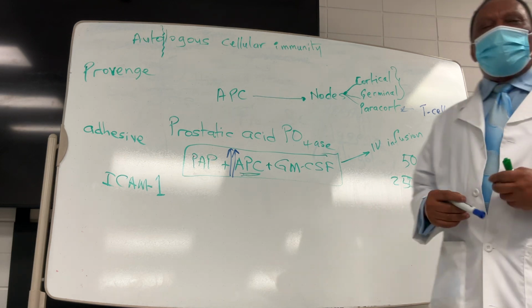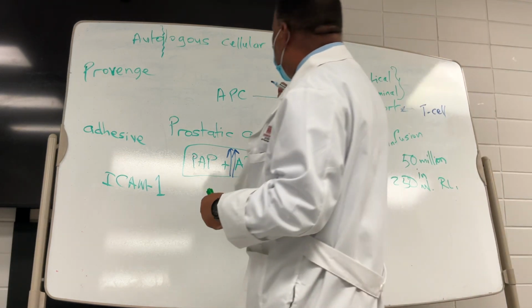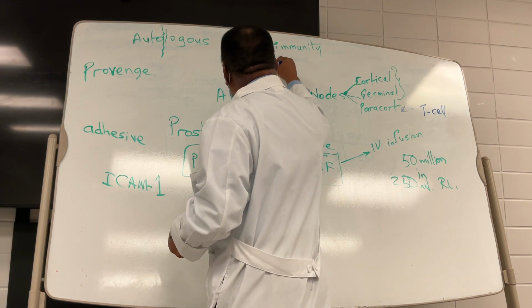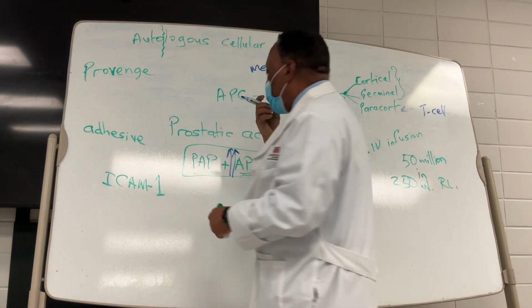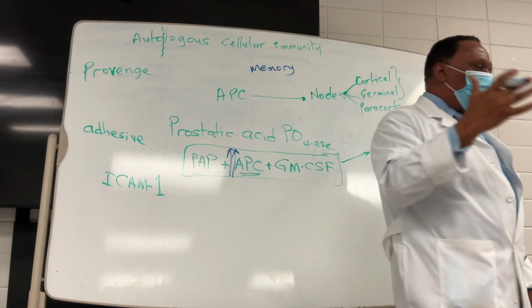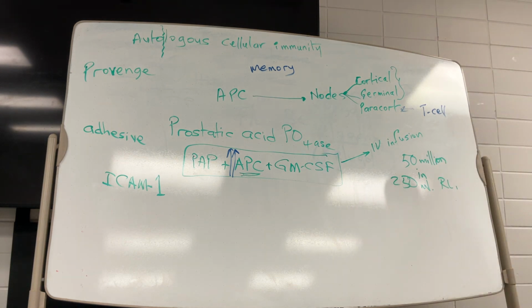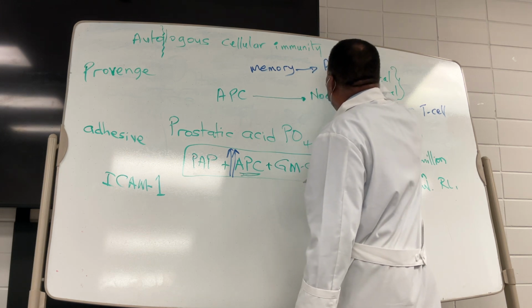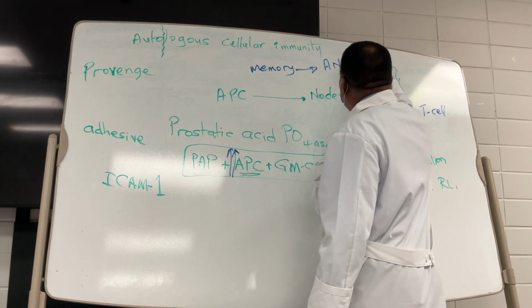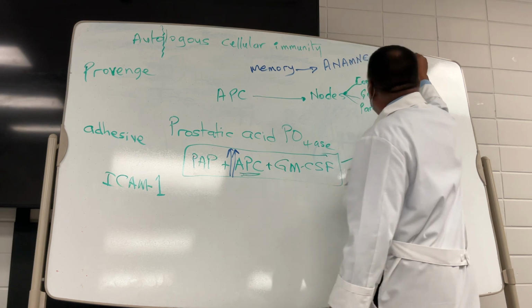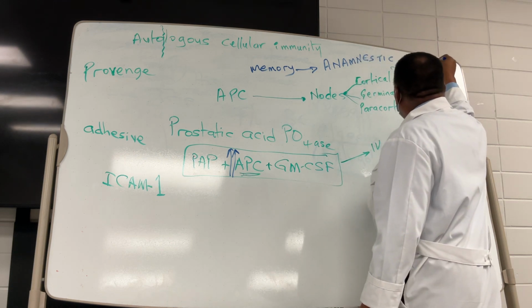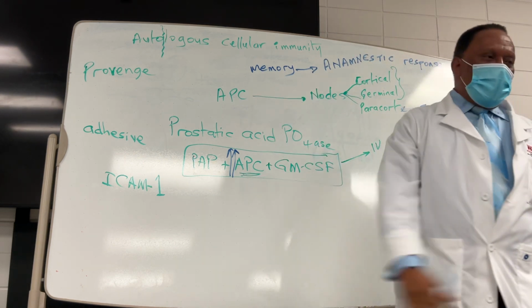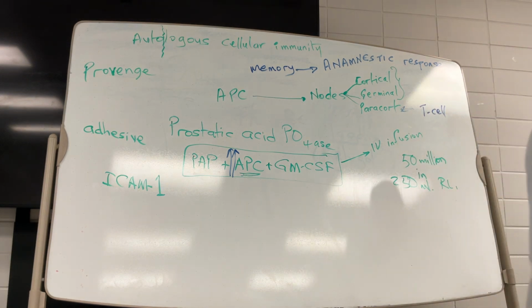And then you will get the production of memory cells. So with memory T cells, you get an increase, which basically means that you can get an amnestic response. So that's all basic immunology, actually.